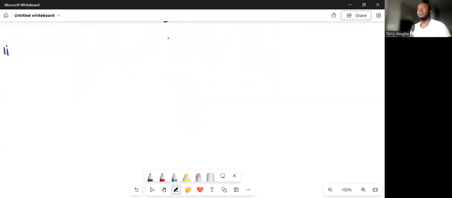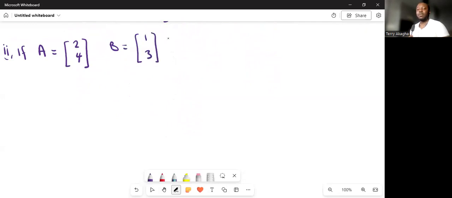So let's pick this example here. We said if A is equal to 2, 4, okay, B is equal to 1, 3, and we now have C equal to 3 and 5, okay.